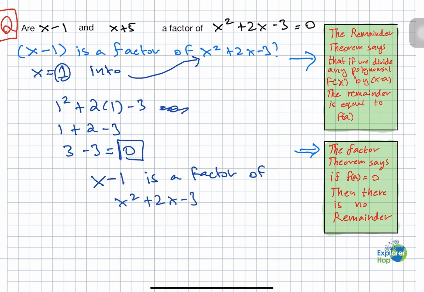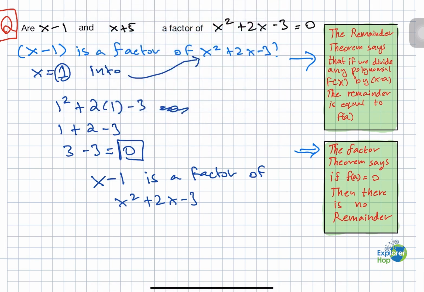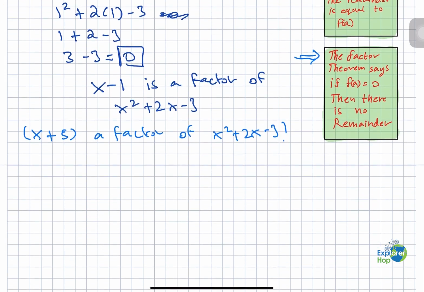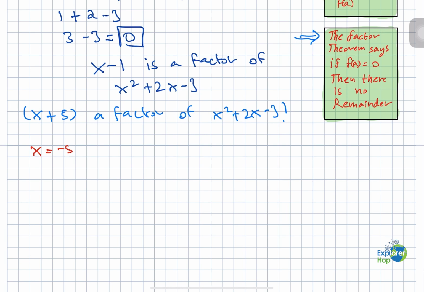Now, let's try doing the same thing for x plus 5. So is x plus 5 a factor of x squared plus 2x minus 3? To solve this, we'll take x equals minus 5, and we'll plug this right here, which gives us minus 5 squared plus 2 times minus 5 minus 3.